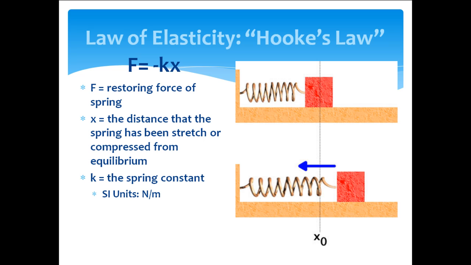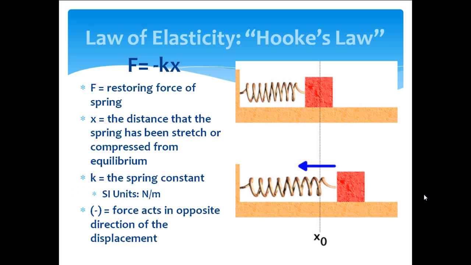So whenever you multiply k times x, x is in meters, k is in newtons per meter, the meters cancel out, and you're left with newtons, which we all know force is measured in. And the negative sign is there because the force acts in the opposite direction to the displacement. So if you stretch it out, the minus sign shows that the force brings it back. If you compress it, the minus sign shows that the force pushes it.